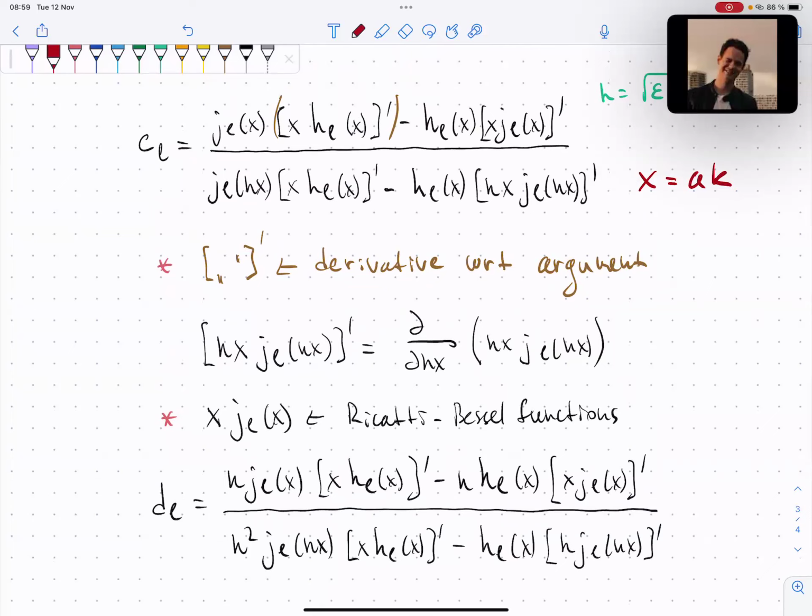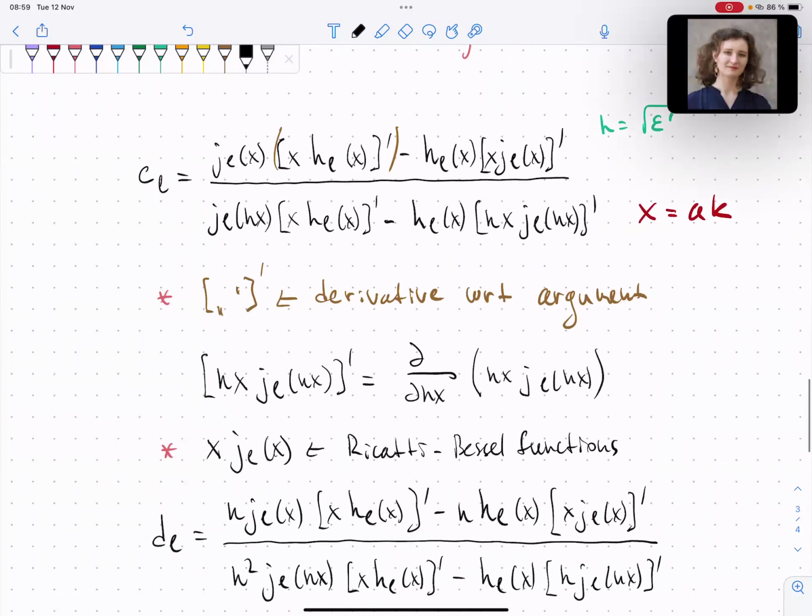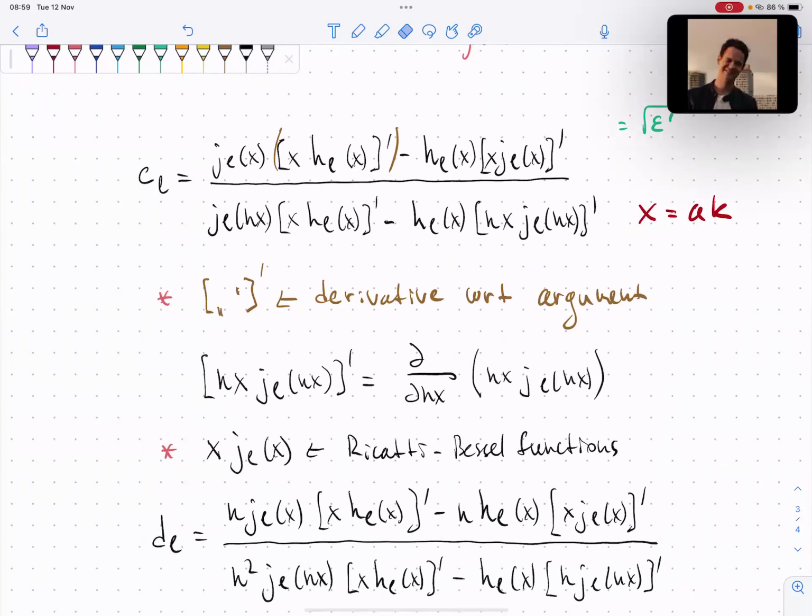But what's most important is actually the coefficients for the scattered field, because we are interested in the scattered field more than in the fields inside the resonator. Sorry, n is the square root of epsilon, just the refractive index here.